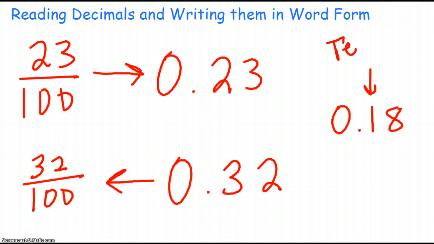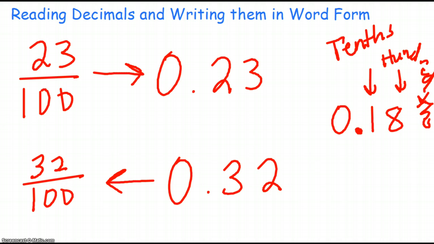This is tenths, and this place value is hundredths. Sorry, I was a little sloppy writing. So I know whenever I get past my decimal point, if I have a number over here, when I get to here I say and, but over here I would say 18 hundredths. That's the place value I end in.